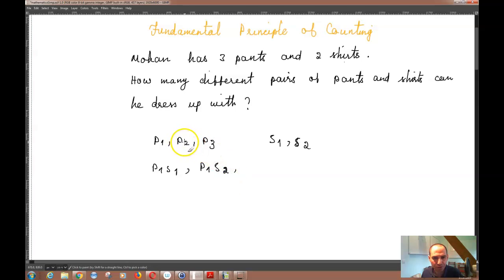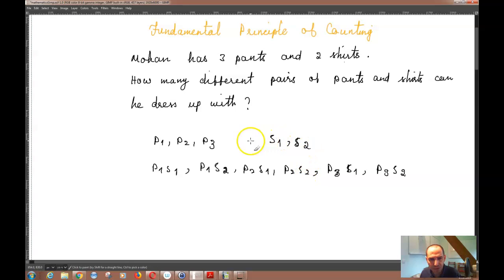I could wear the second pair of pants, P2, with shirt 1 and shirt 2, which would be P2 S1 and P2 S2. I could wear the third pair of pants with the first shirt and the second shirt, which would be P3 S1 and P3 S2.